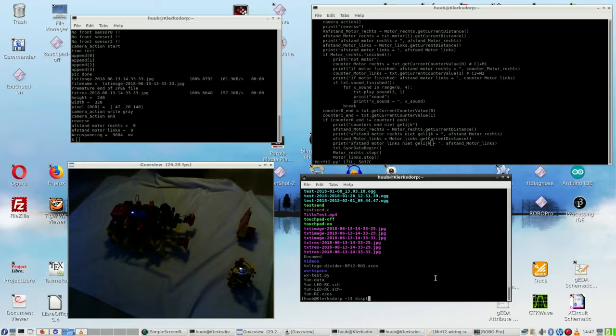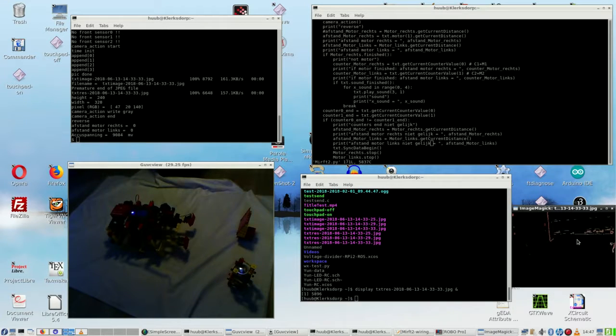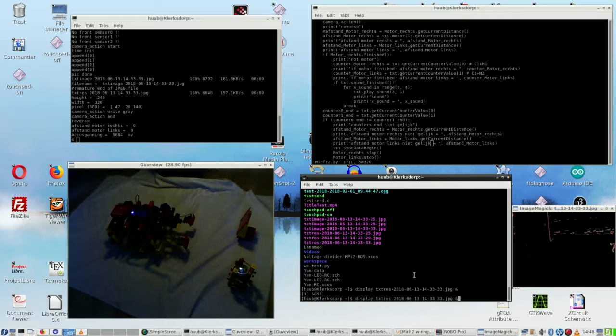First some image magic. 33, and not really telling. So let's take image.